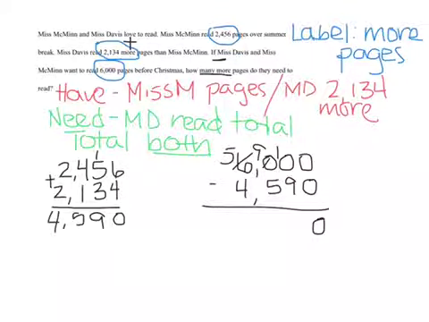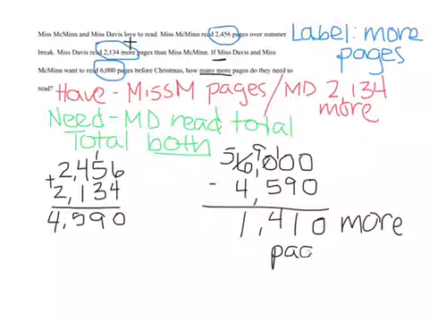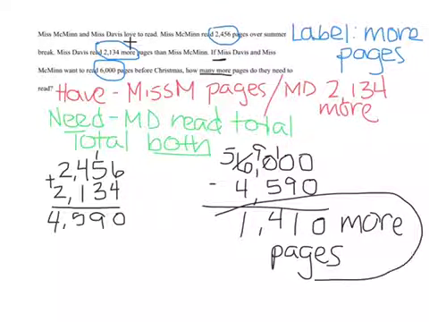Ten minus 9 is 1. 9 minus 5 is 4. And 5 minus 4 is 1. 1,410 more pages to read. Okay, final step, circle your answer.